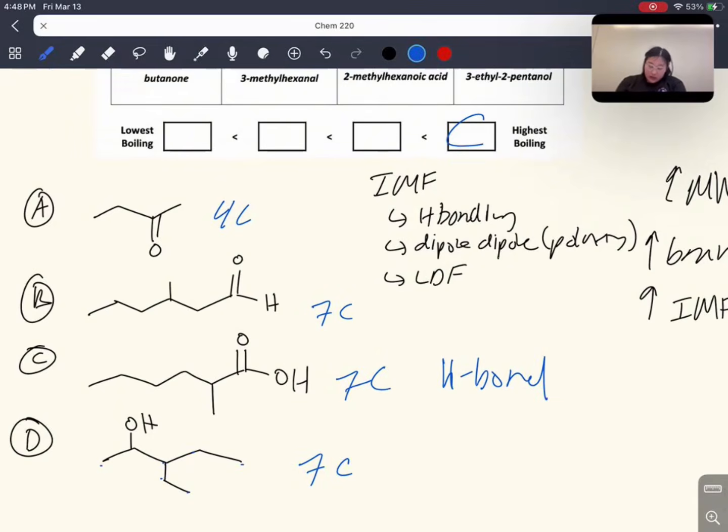The next thing to look at is if your molecule is polar or not. And so in this case, that's 2-pentanol. So we know that A is polar because of the ketone.